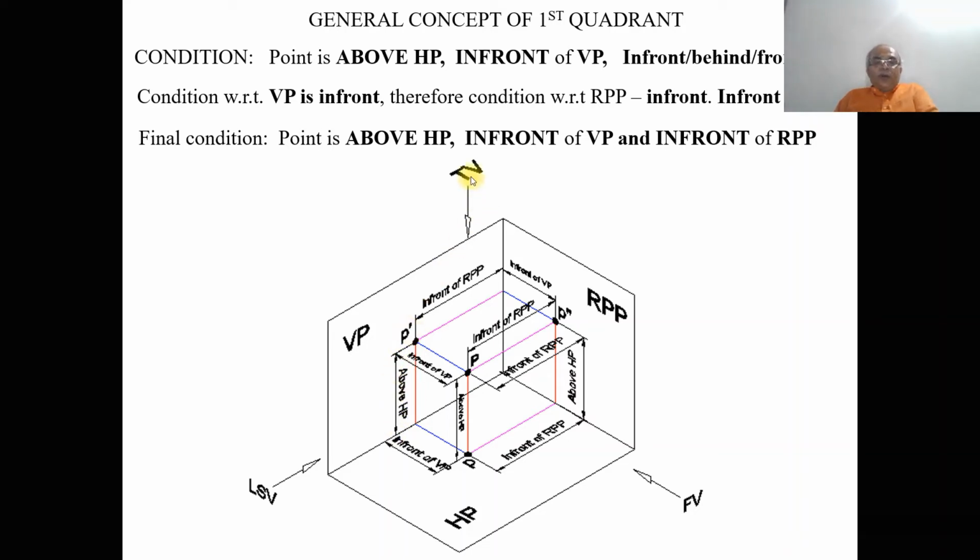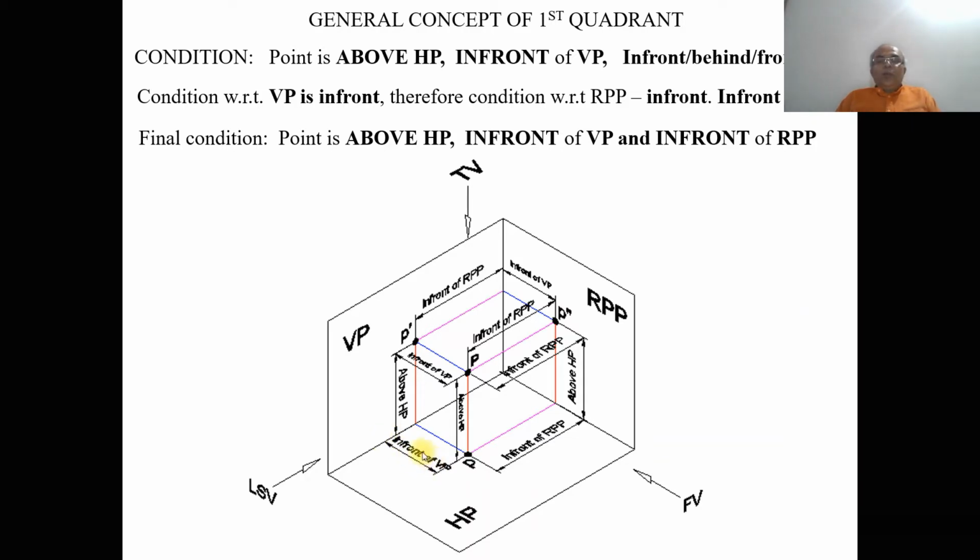Similarly, when you look from the top view, I can see the distance of the point capital P from the vertical plane. So that is the distance we are looking at. When you look from the top view, I can see the distance in front of the vertical plane. That image, in front of the vertical plane, will fall on the top view, which is small letter p, and this image is in front of VP.